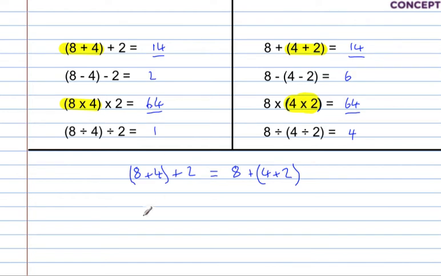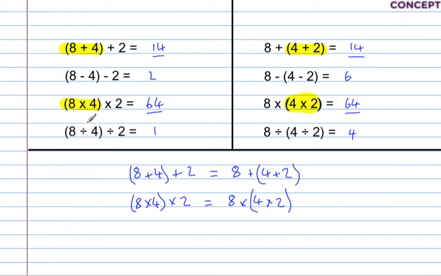So again, the position of the brackets when you're multiplying a number of terms does not matter. (8 × 4) × 2 is equal to 8 × (4 × 2). It does not matter.